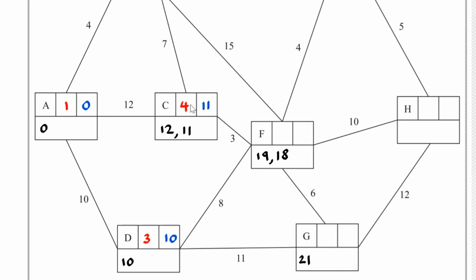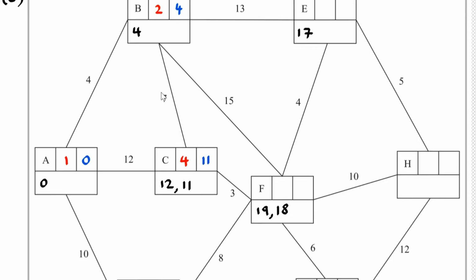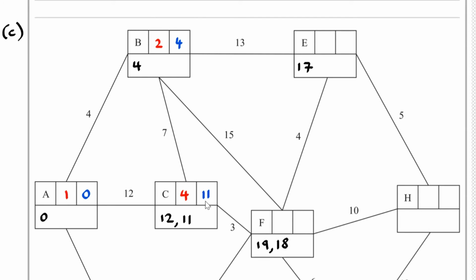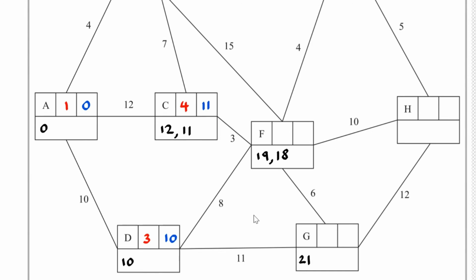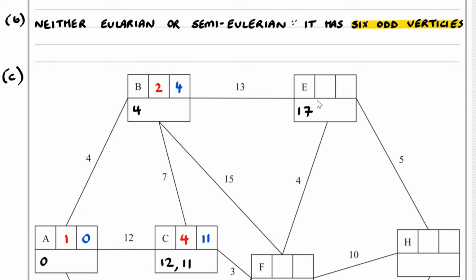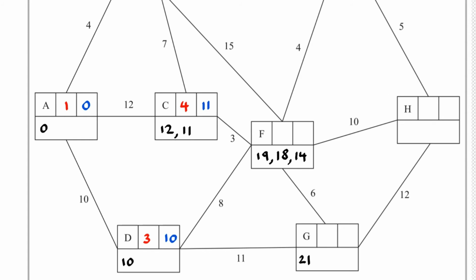4 would be the order of labeling for C. Now, if I do 11 plus 3, that will be 14. So now, the smallest from 14, 21 and 17 is the 14. So the 14 goes here. F has order of labeling 5.